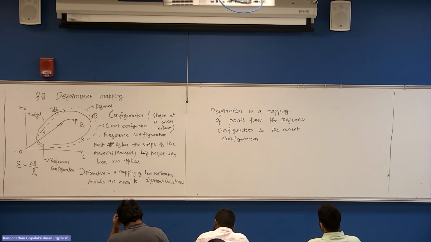Any possible configuration of the body can be taken as this reference. Typically, the choice is dictated by the convenience to the analysis. Often, it corresponds to the state where no external loading is applied to the body. So before you start your experiment or your deformation, that configuration is the most convenient choice.